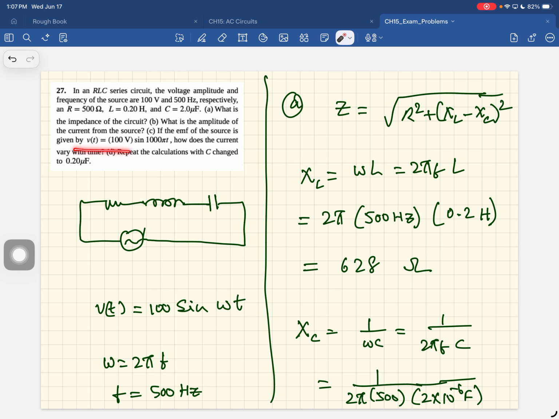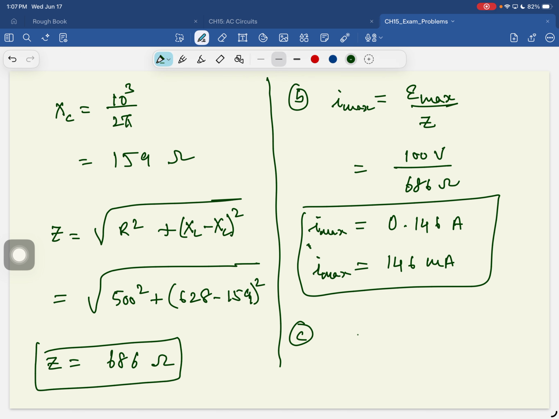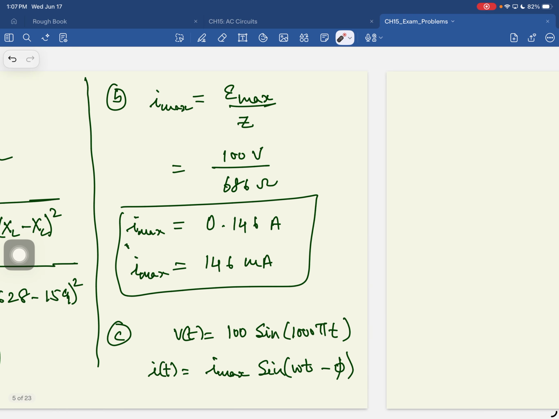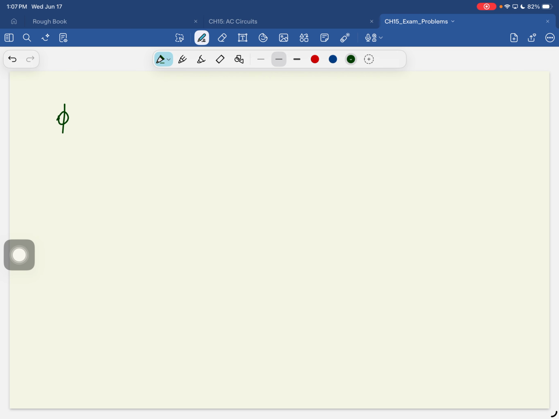XL is omega L. So there is R, there is XL, and again you can see that this is of the same order as that.